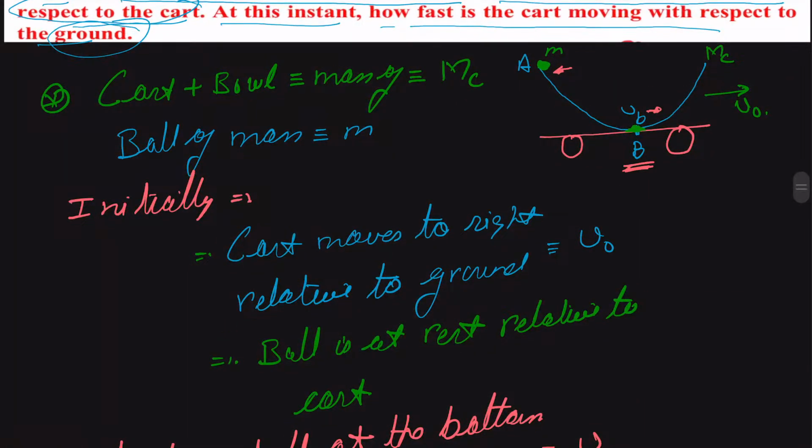So we are calculating everything now at this point. So the initial point was our A and the final point is our B.